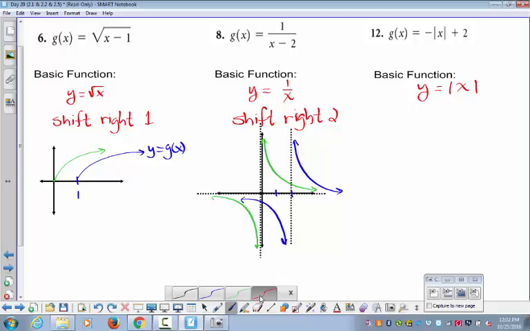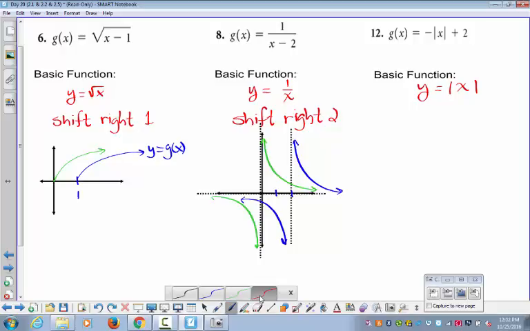Reflection, stretch, and then a shift up. So if you go left to right, it will always work. So your vertical is left to right: you do a reflection, then you do a stretch or compression, and then you do a shift. So that's how I like to do it. Right to left works too.